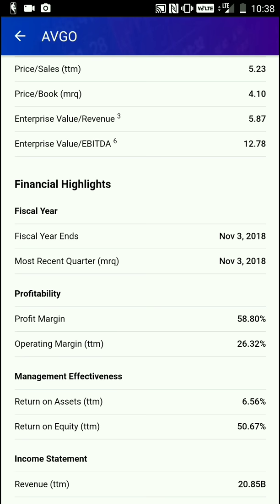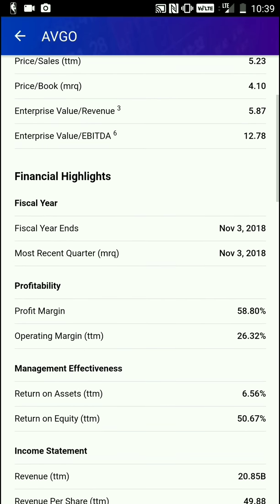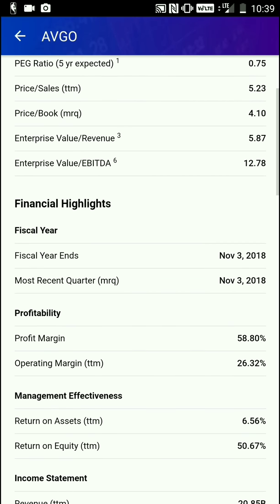Profit margin pretty much tells us how much profit they're making when selling a product, in other words, their profitability. So they're making 58% on their products.